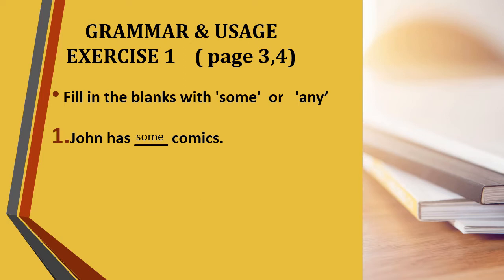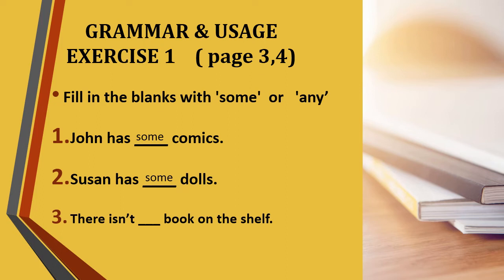Number 2 is, Susan has dash dolls. Some will come here. Susan has some dolls. Number 3 sentence is, there isn't dash book on the shelf. Any will come here because it is a negative sentence. There isn't any book on the shelf.